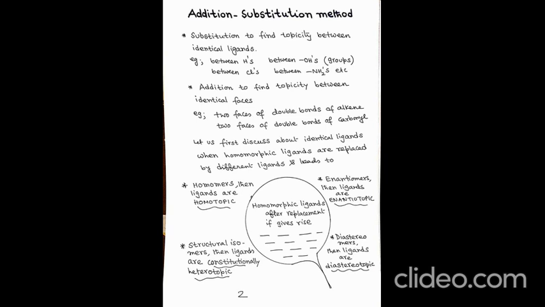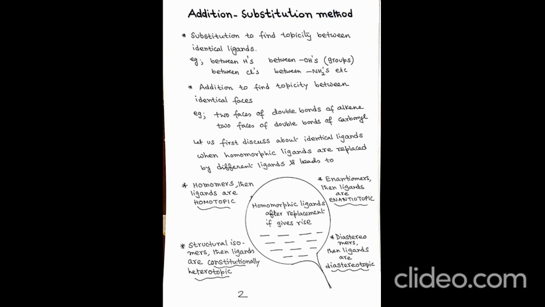Now let us first go for the substitution method, among which we have to find out the topic relationship. First we have to replace those groups or atoms one after another by some other ligands or some other groups, or if possible a higher isotope, one after another.